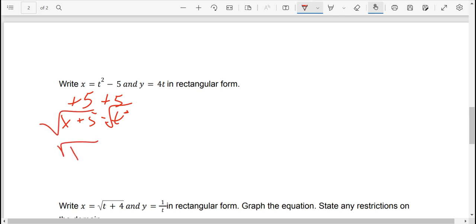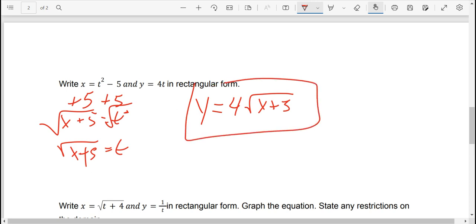We get square root of x plus 5 equals t. We're going to take that value and substitute it in for t in the other equation. So we get y equals 4 square root x plus 5. There's nothing to simplify. Next step would be to simplify, but there's nothing to simplify. You have eliminated the parameter. Congratulations.